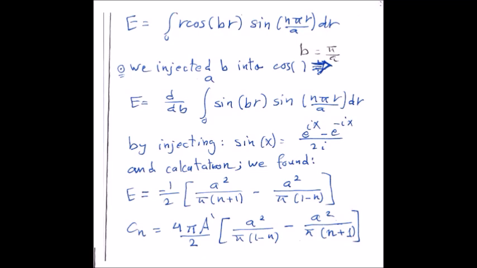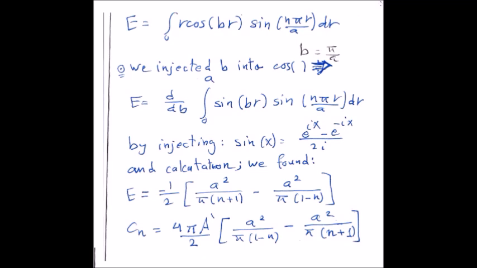After injecting it and after some calculation, we re-inject p equal to pi over a. All the terms with sine will vanish, and all the terms with cosine will give some constant. Maybe I must use another letter to distinguish between the energy and the integration.